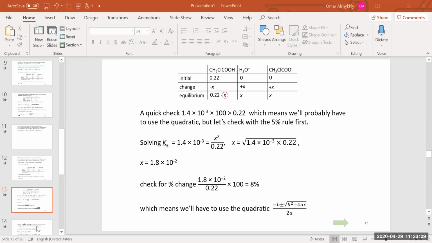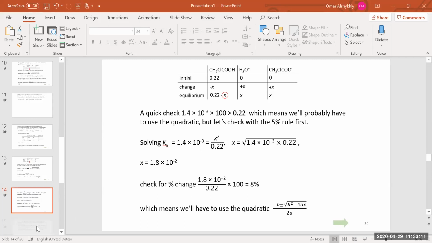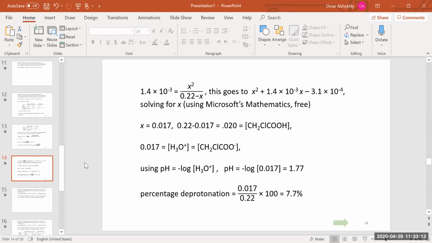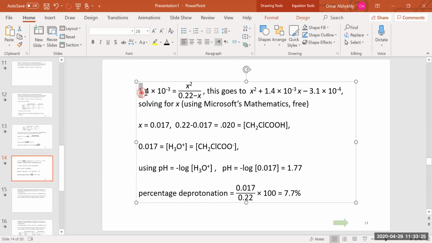Let's see this slide here. So here we have the K equilibrium equal to x squared divided by 0.22 minus x.